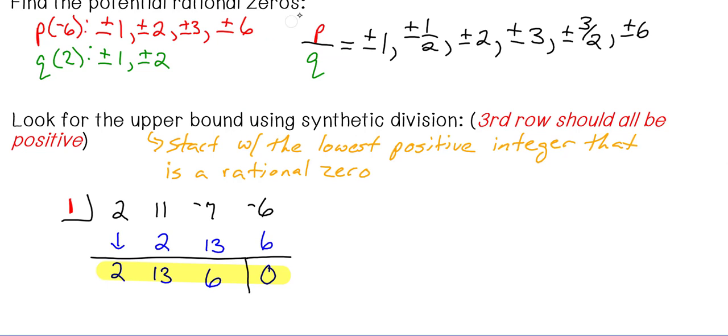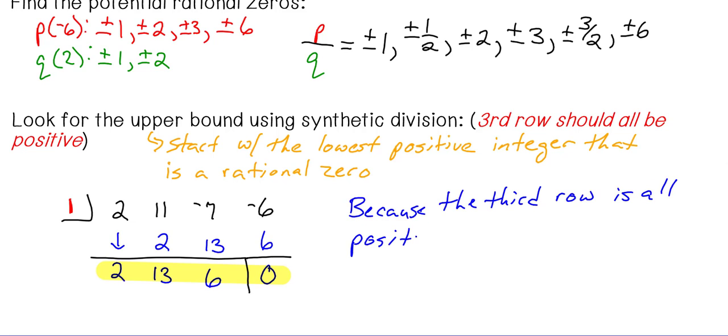So in this case, because the third row is all positive or 0, this is the upper bound.